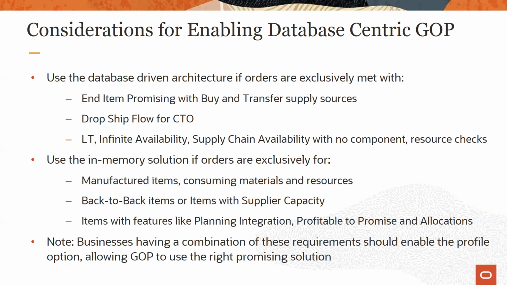In the majority of businesses, which have a combination of these requirements, they can still be achieved by enabling the new architecture profile option, where the order promising solution will seamlessly switch over to the memory resident GOP solution whenever it sees the order for an item which needs to be promised by the memory resident solution.